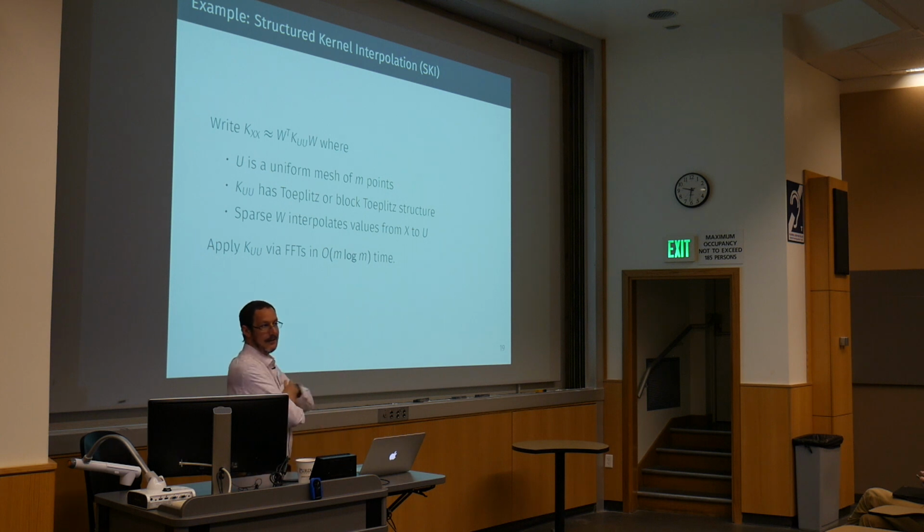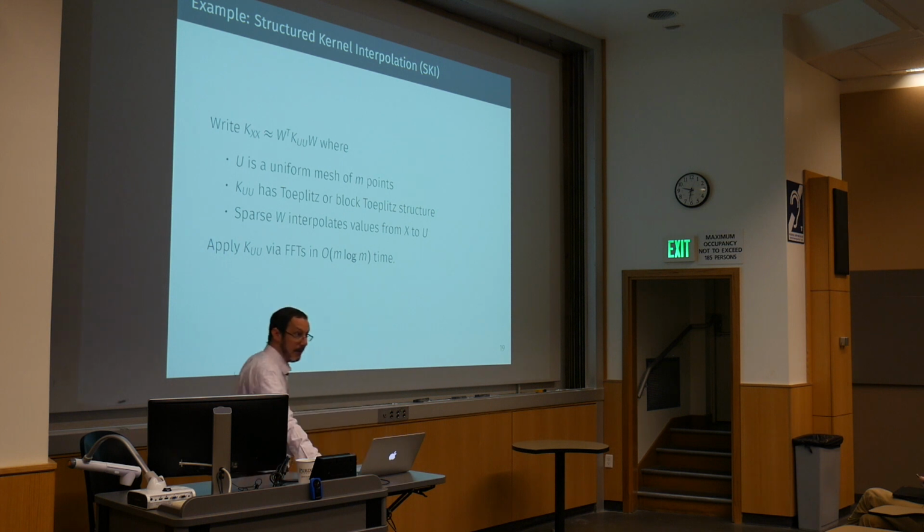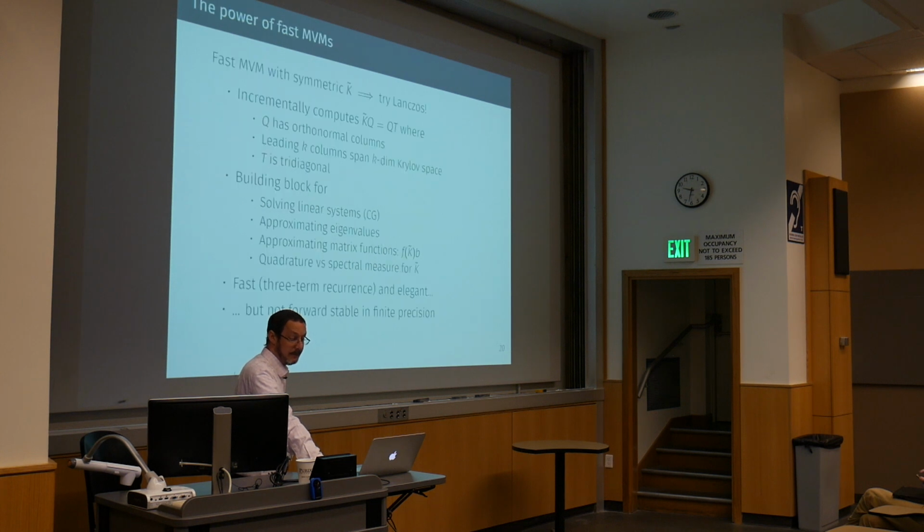The nice thing about this kernel matrix for the uniform mesh is that it has Toeplitz or block Toeplitz type of structure, and so we know how to deal with this very quickly using the Fourier transform. So we know how to do fast multiplies by that. So you've got now something that you can multiply by fast or work with fast by Fourier methods, and a sparse interpolation matrix. And so you can deal with this type of system in order number of inducing points log number of inducing points time, which is pretty reasonable.